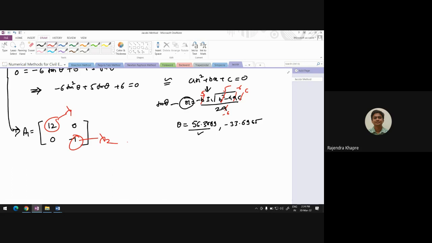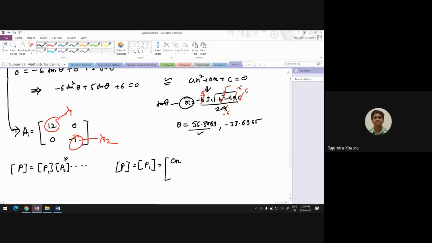Now, what about the eigenvectors? Eigenvectors are usually taken as a multiplication of P equals P1 into P2 and so on. We have not calculated P2. It is not at all required. So in the 2x2 matrix, especially in this case, your P is nothing but your P1. And what is your P1?